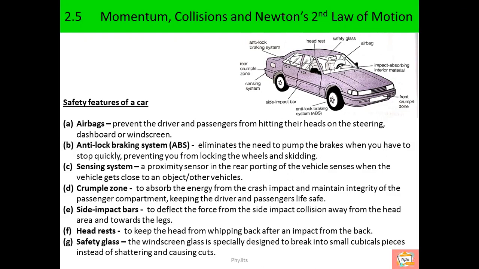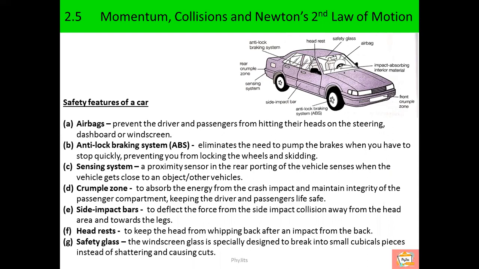Other than that, they also created airbags. Airbags are another cushion. First of all, they prevent the driver from hitting the front, because sometimes maybe your seat belt doesn't work. So the airbag will come off and be in front of you, providing a cushion and keeping you from hitting the dashboard, right?